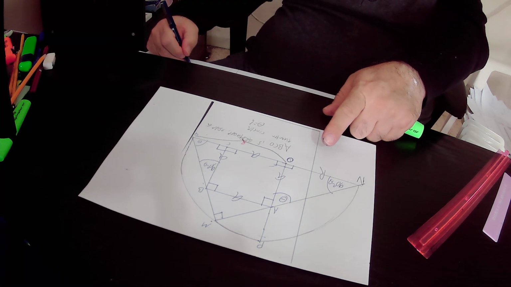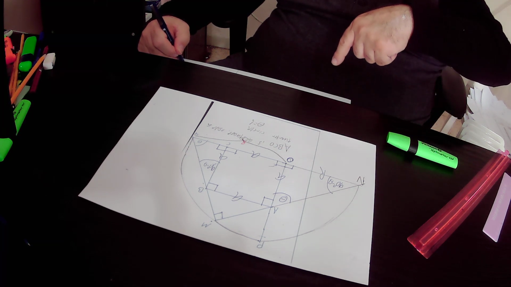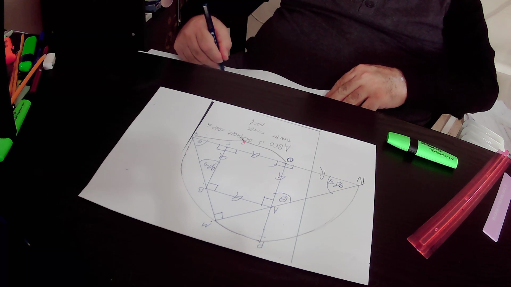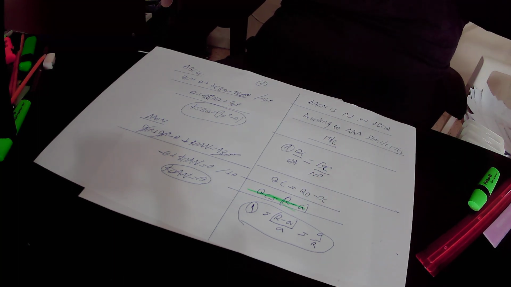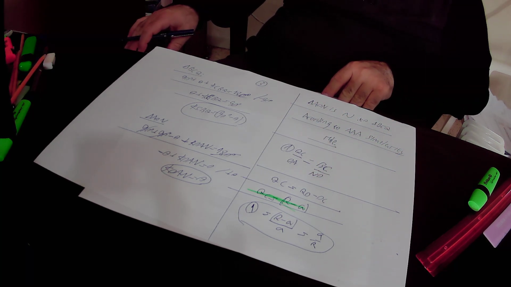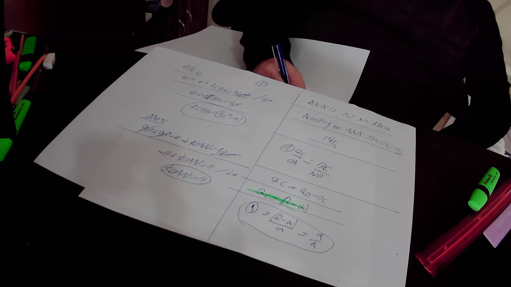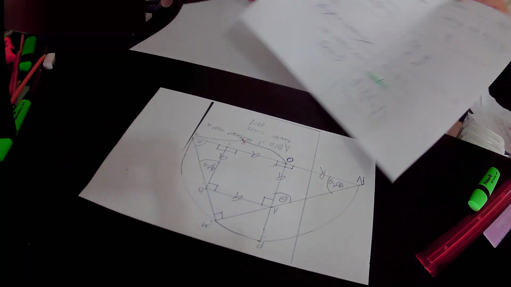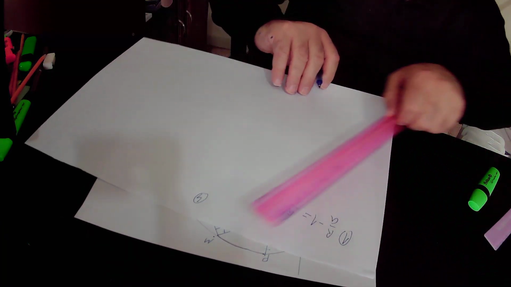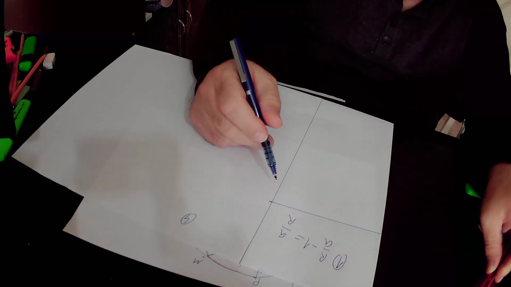OA equals A, and BC is also equal to A, so BC over NO, and NO equals R. So in conclusion, according to equation number 1, R minus A over A equals A over R. Here we split this expression into two parts, and we get R minus A over A equals R over A minus A over A. Minus A over A is minus 1, and it is equal to A over R. I repeat again, according to equation number 1, we found out that R over A minus 1 equals A over R.